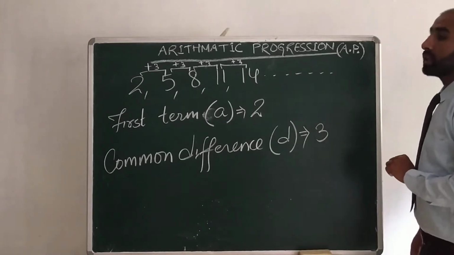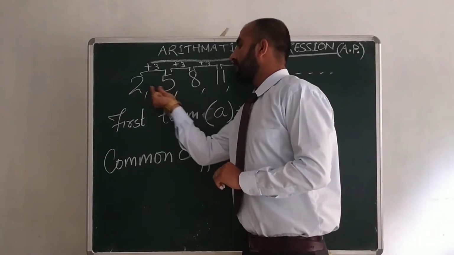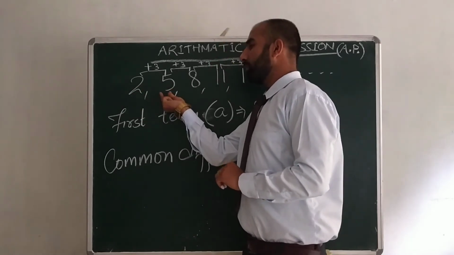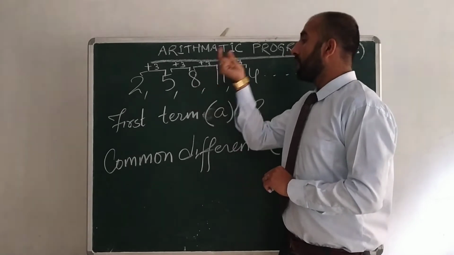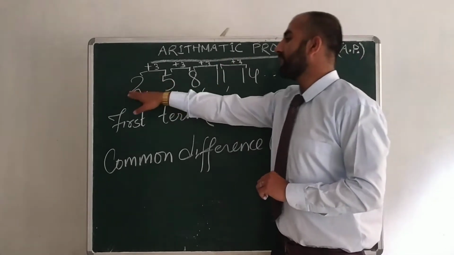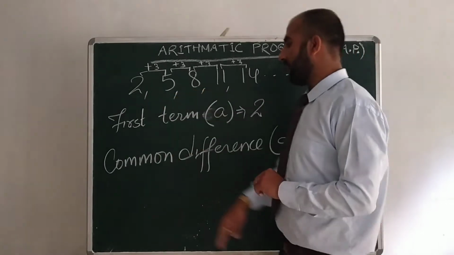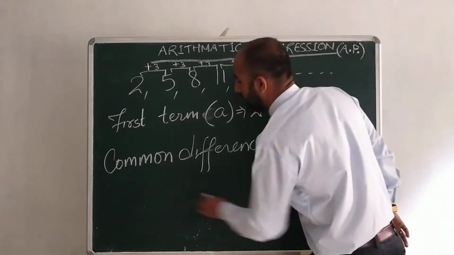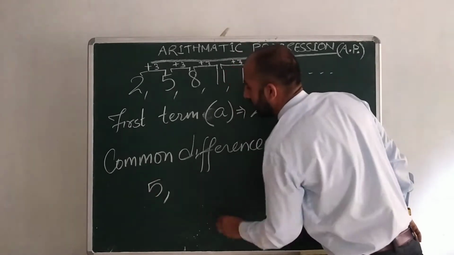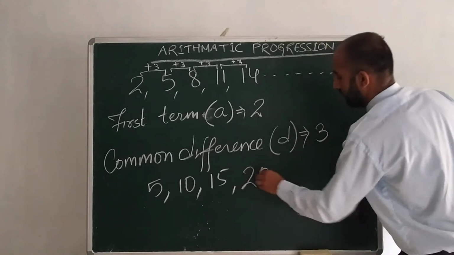So how to get the common difference? Just subtract the first term from the second term, or the second term from the third term. That means always the preceding term has to be subtracted from the succeeding one. Okay, so if I write another example, let us see 5, 10, 15, 20, goes on.